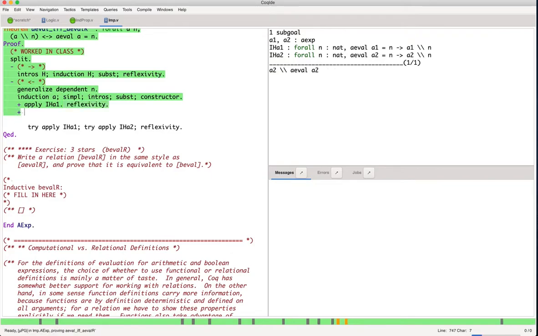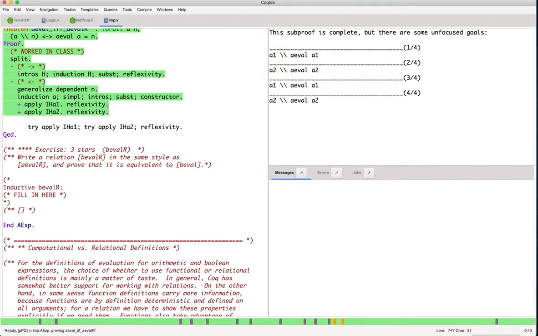And then the second goal is going to use IHA2. Right, and the pattern continues. So we'll use IHA1 for the first one and IHA2 for the second one.